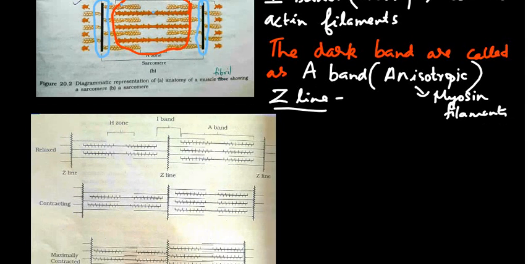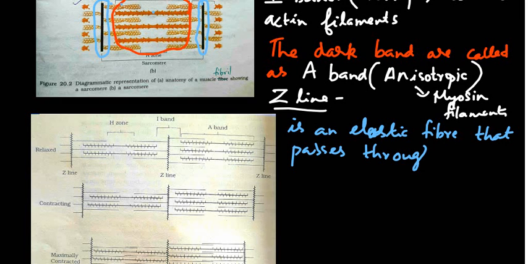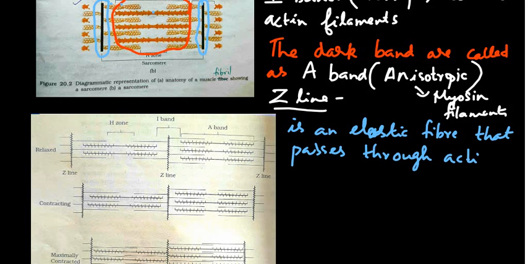So the Z line is an elastic fiber that passes through the actin myofilaments, or the I band.